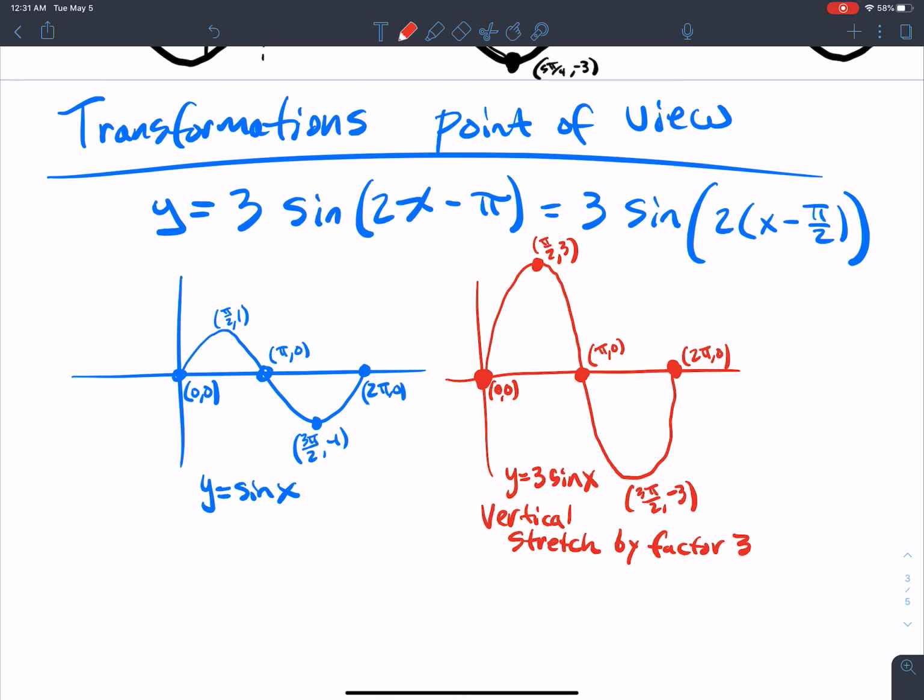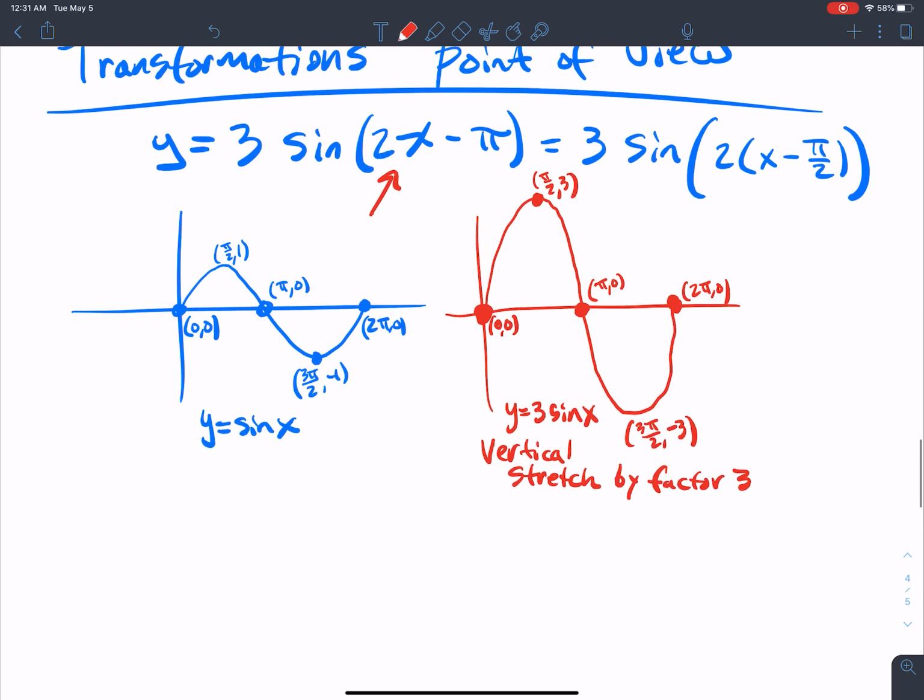Well, I'm replacing x by plugging in a 2x, right? So that's giving it a double speed. Okay? So what does that mean? That means that I get through the cycle twice as fast as I normally would.